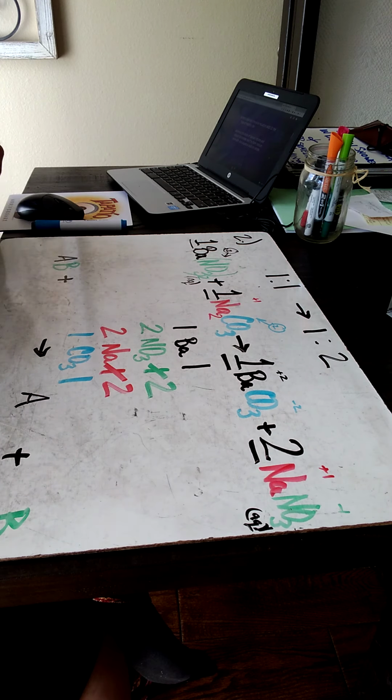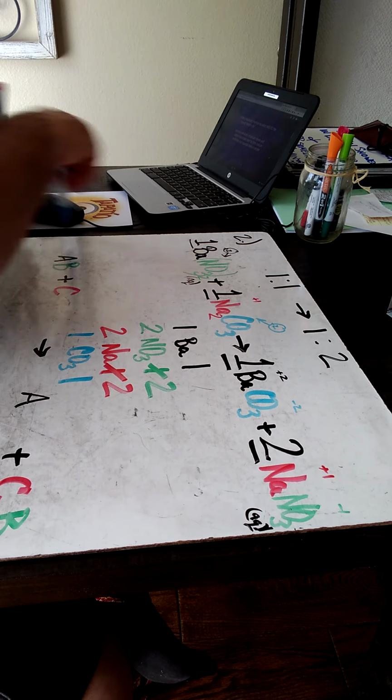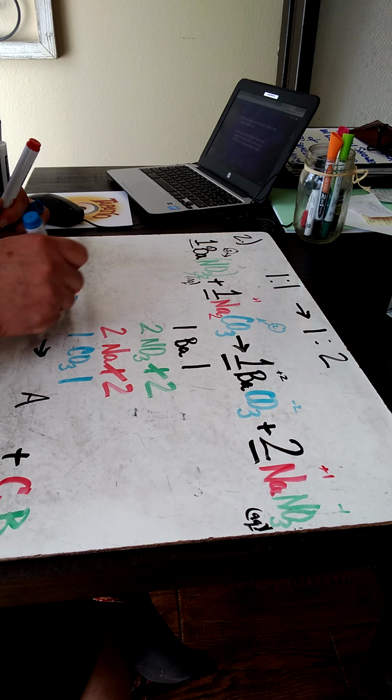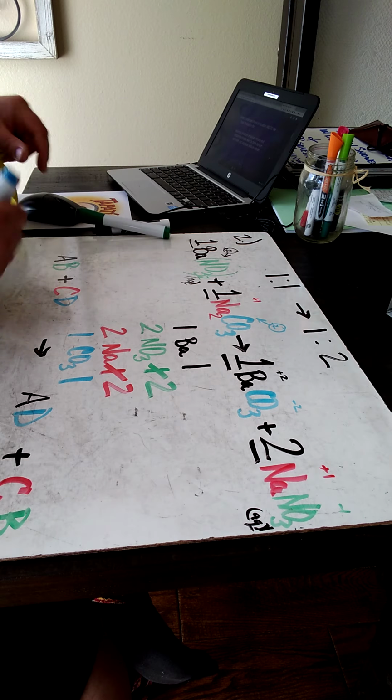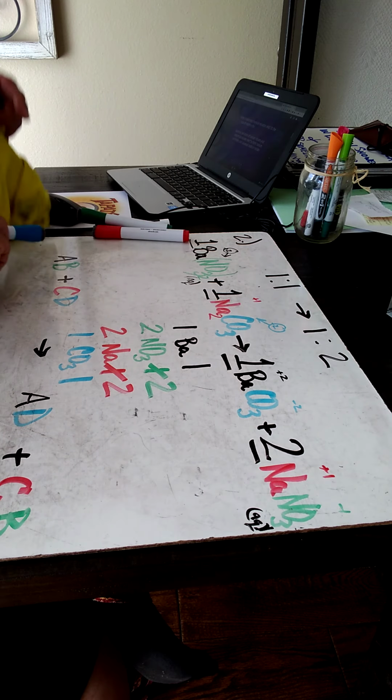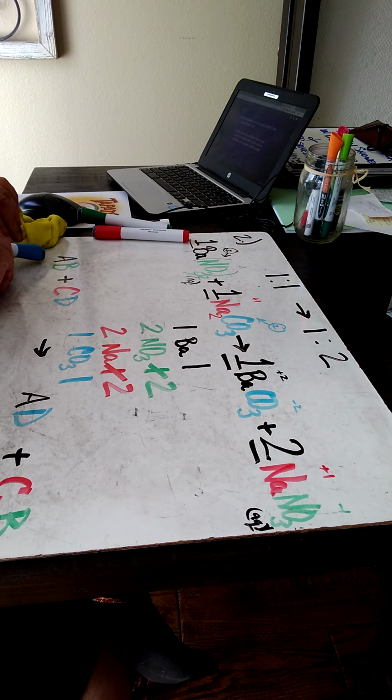And we have our sodium, C, and our carbonate, D. And so what we end up seeing here is that our cations, our positive ions, our A and our C are going to stay in the same spot, A and C. All right, we have AB plus CD. On this side, we have AD plus CB. So really the only thing that has changed is right here, the D and the B have switched places.